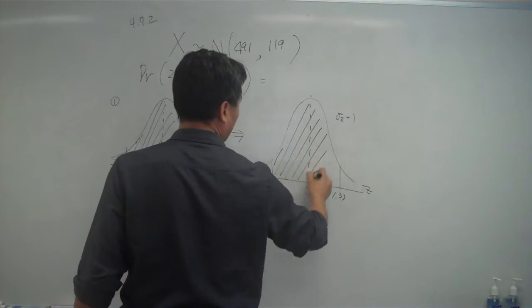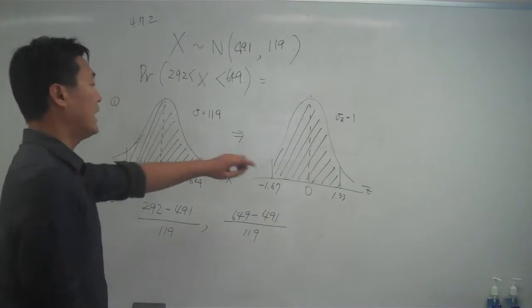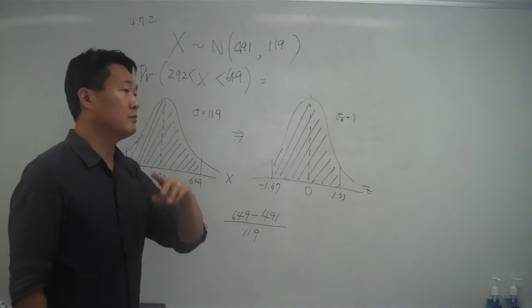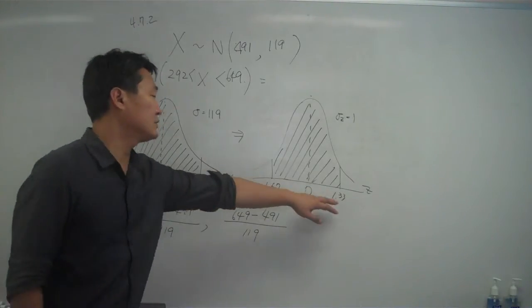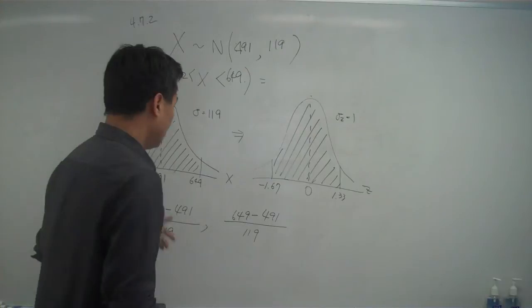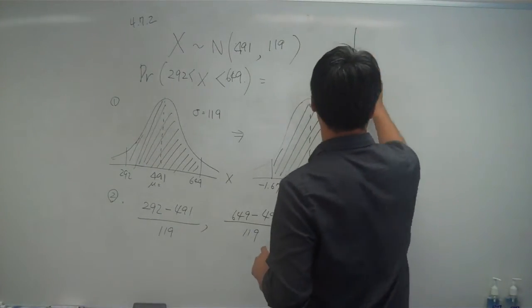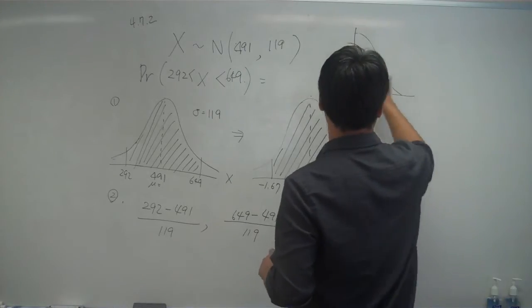Okay. So now you can read the probability according to these two z-scores, and this time you use that trick we did before.